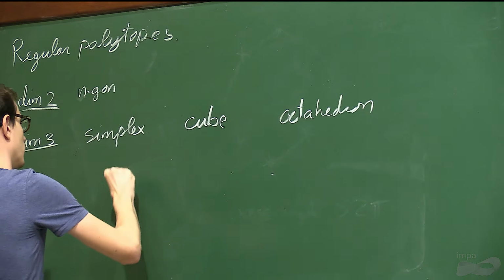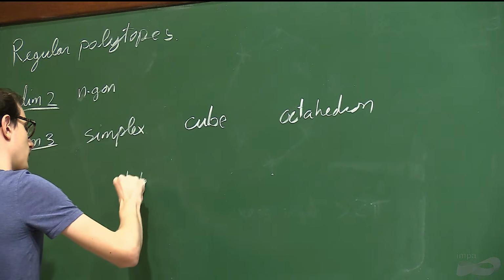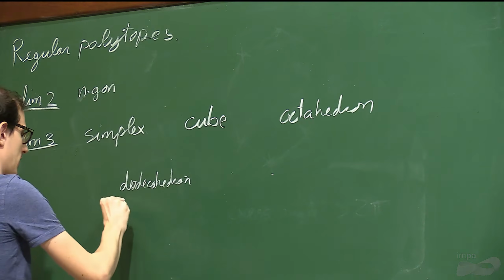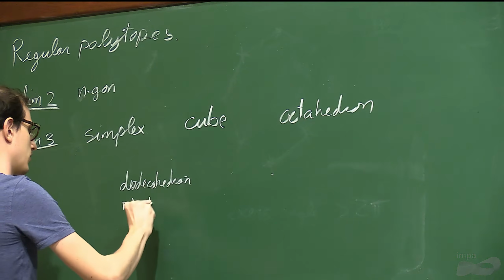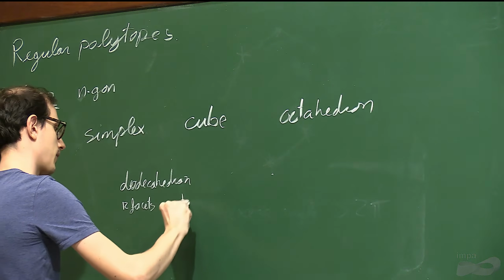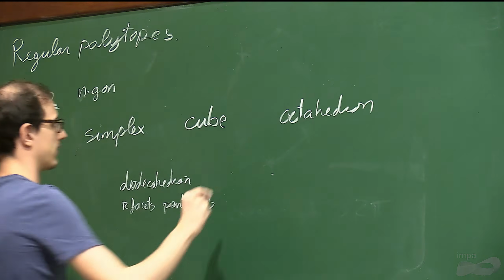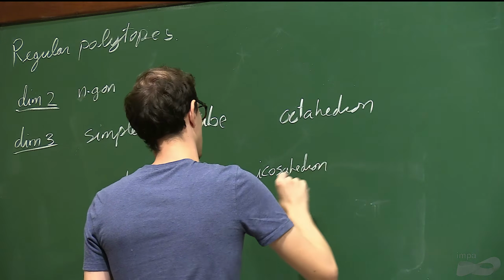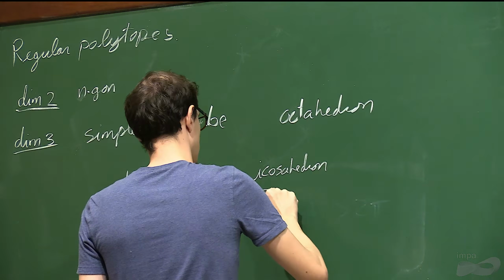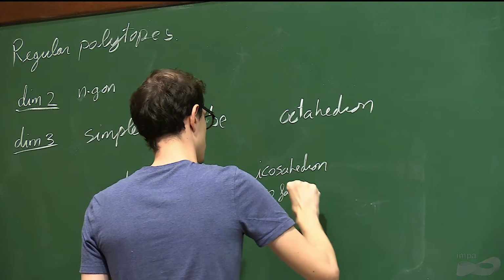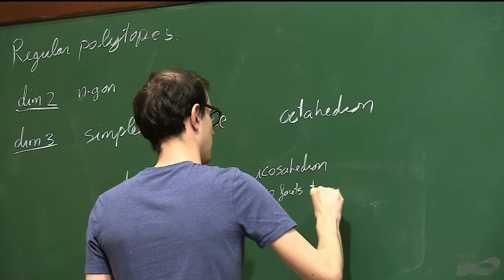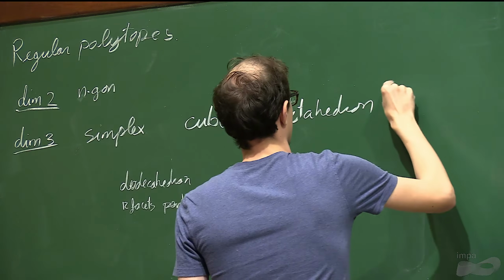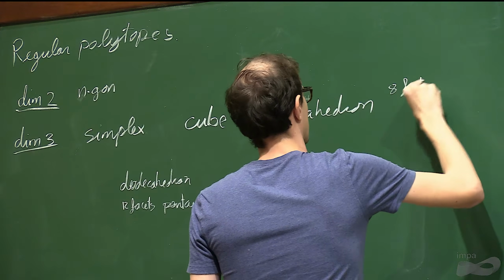And we also have the dodecahedron, which has 12 facets, which are pentagons. And then there's the icosahedron, which has 20 facets, which are equilateral triangles. An octahedron has 8 facets, and they are triangles.